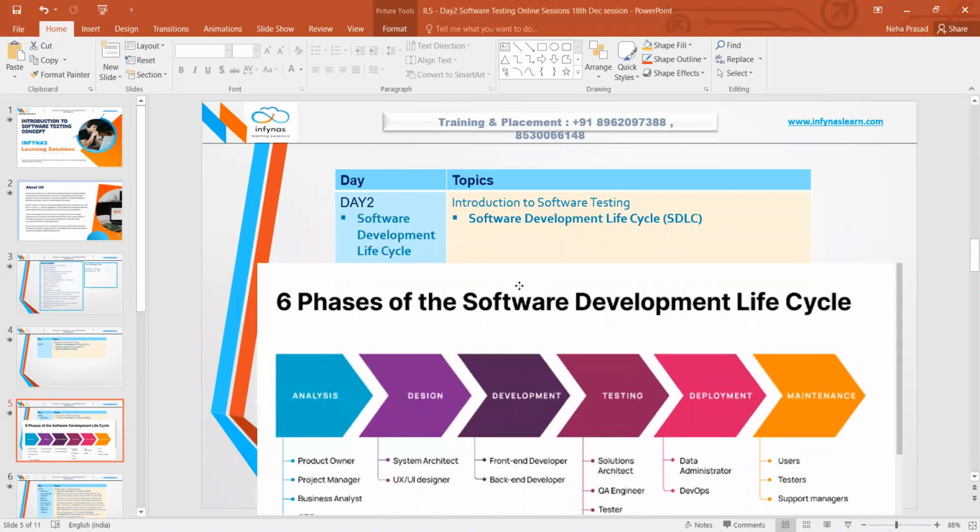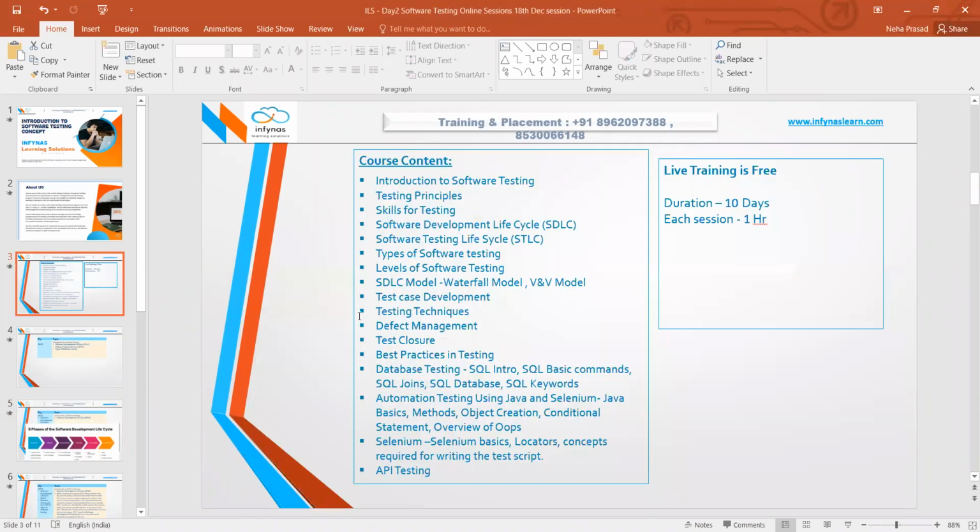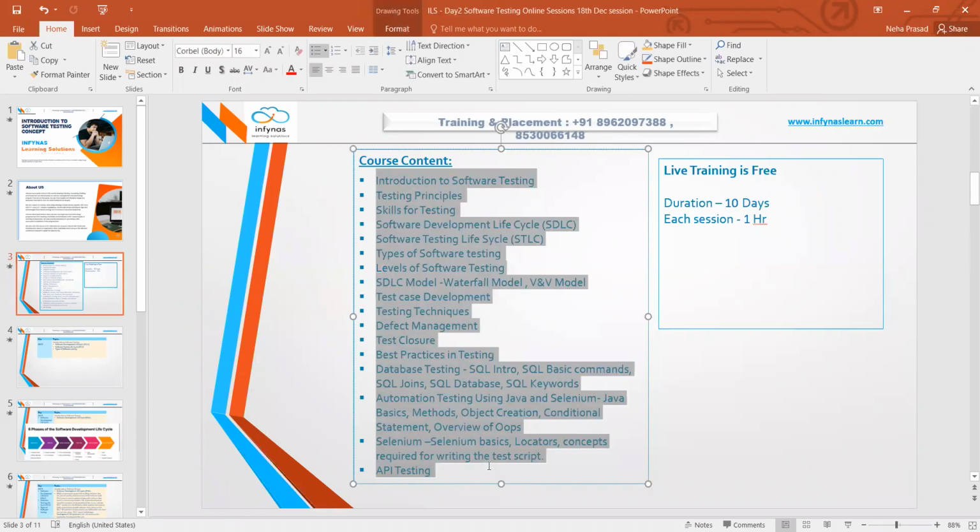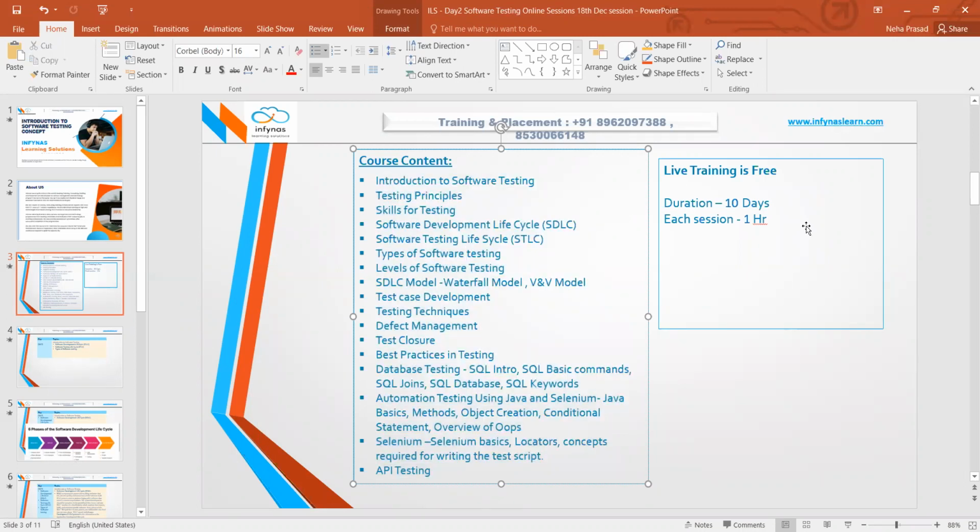So this is the day. So this is the cycle. In case anybody has joined today and wasn't available yesterday, this is the curriculum for the entire 10 days that we are going to spend together, that we are going to learn together for software testing. Every day there will be a 1 hour class, and the live training is free.